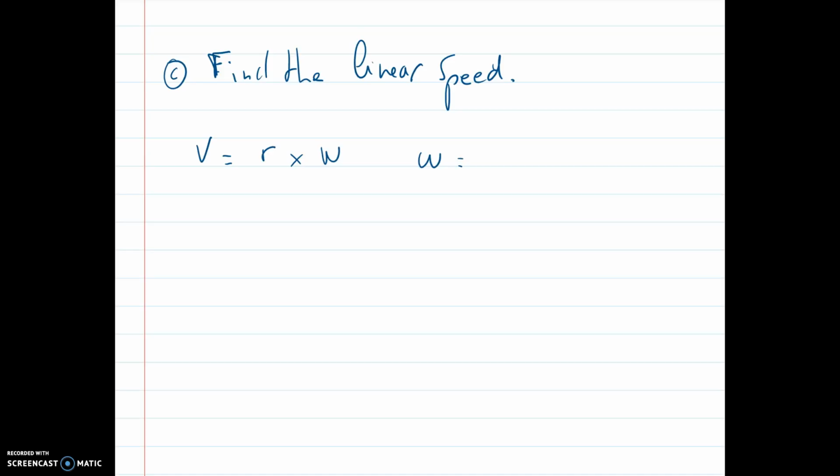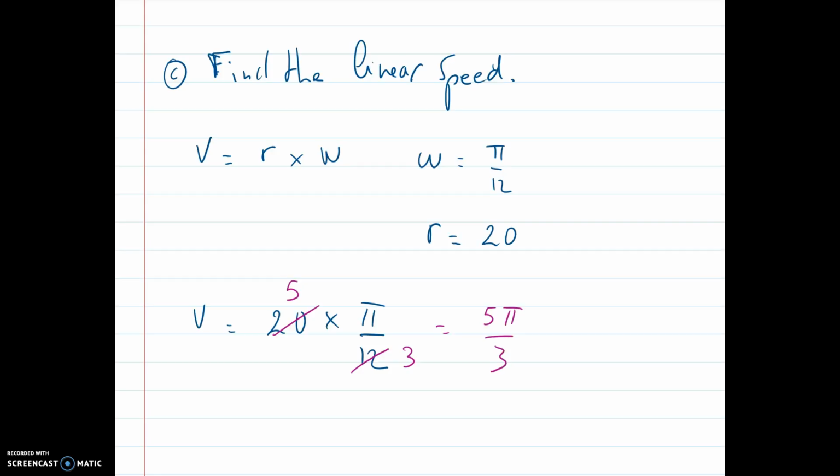Omega equals pi over 12, and r is equal to 20. So the linear speed is 20 multiplied by pi over 12. I can divide by 4, and I end up with a 5 right here and a 3 right here. So the answer for C is 5 pi divided by 3, and obviously the unit is centimeters per second.